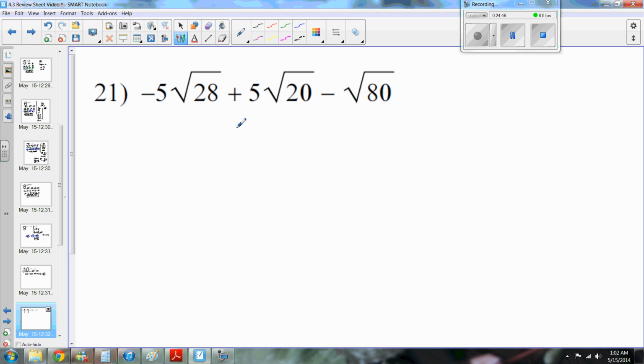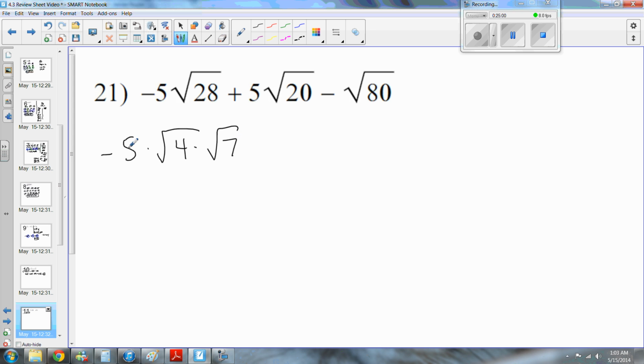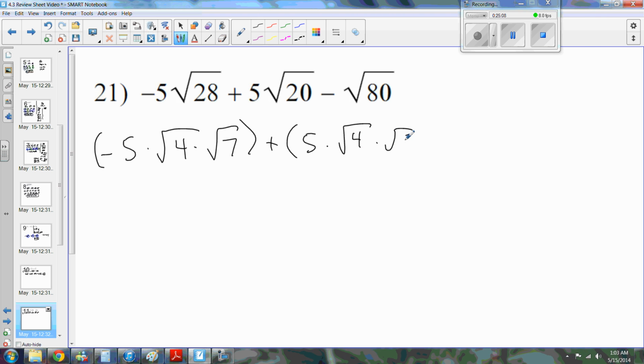A little bit more difficult in that these can all be fully simplified. So I'm going to simplify them individually and put those results in parentheses. The greatest perfect square factor of 28 is 4, so that's root 4 times root 7, plus the coefficient 5. The greatest perfect square factor of 20 is also 4, root 4 times root 5. 5 is its factor pair.